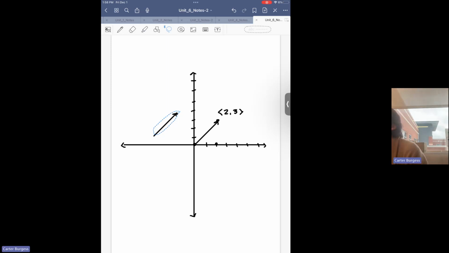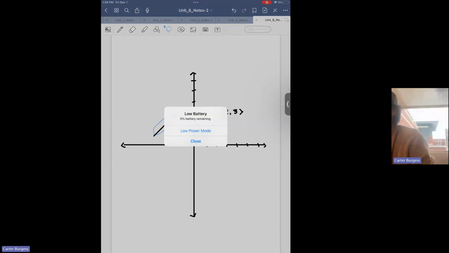There are a couple of ways that we're going to see that we can write out what a vector is. This most basic way, with the 2, 3, is called the component form of the vector, which again is very similar to a point. The vector is implying some kind of movement from start to stop.